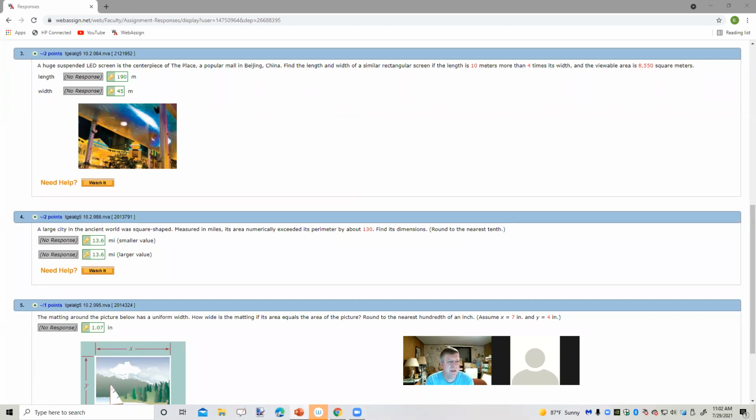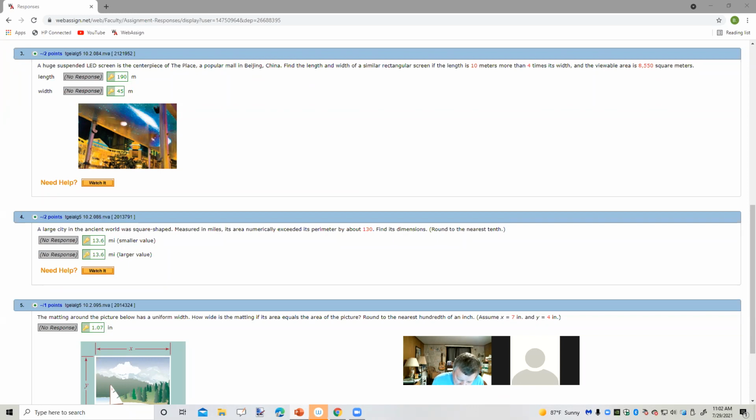A huge suspended LED screen is the centerpiece of the place, a popular mall in Beijing, China. Find the length and width of a similar rectangular screen if the length is 10 meters more than 4 times its width, and the viewable area is 8550 square meters.